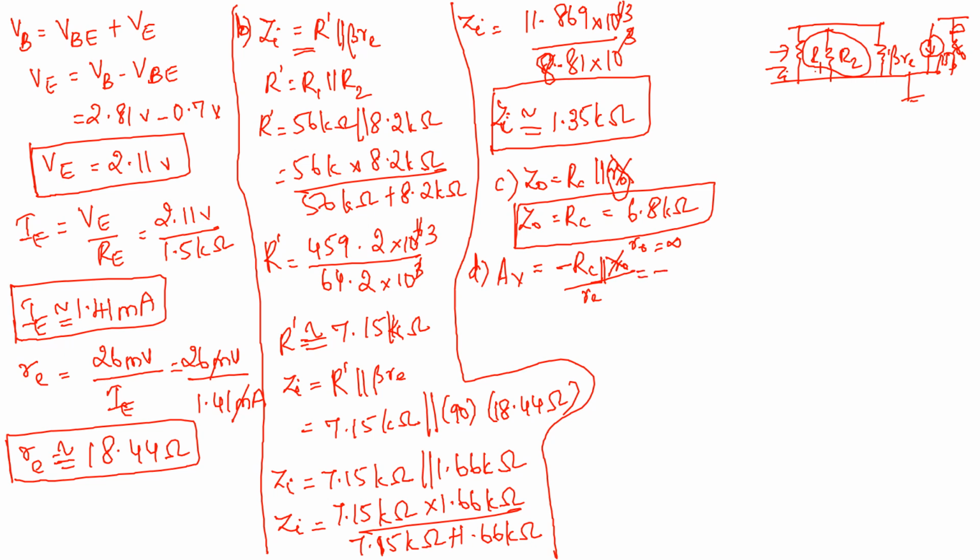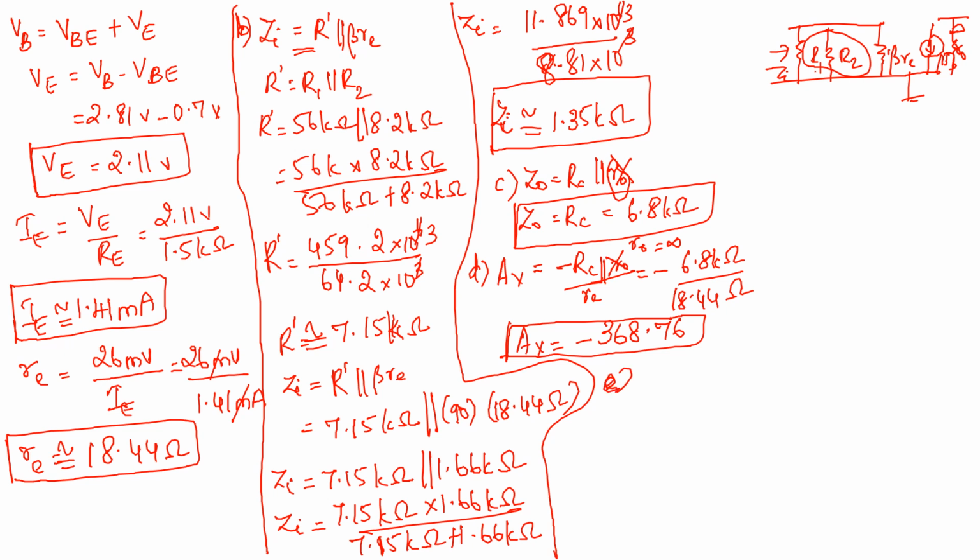So minus RC is equal to 6.8 kilo ohm divided by RE is equal to 18.44 ohm. So what is your value? AV is equal to minus 368.76.